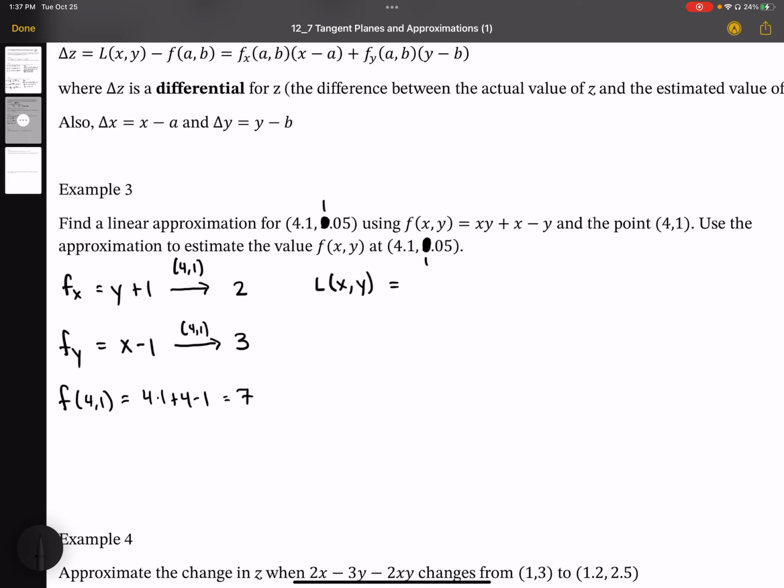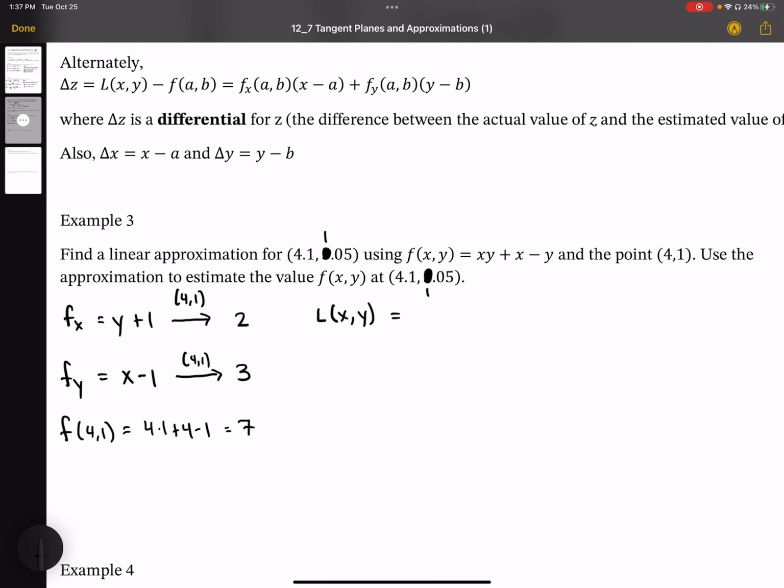So that's going to equal our slope at x: 2 times x minus 4 plus 3 times y minus 1 plus our known z value of 7. So now again, if we shift x to the right a little bit and y up a little bit, we expect our z to increase a little bit because both of our slopes are positive.